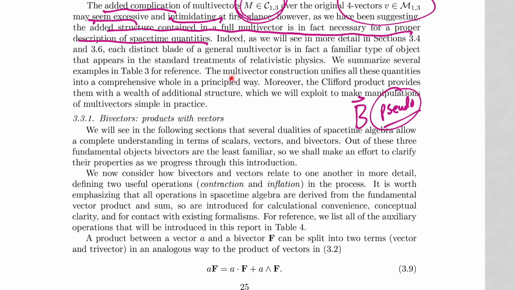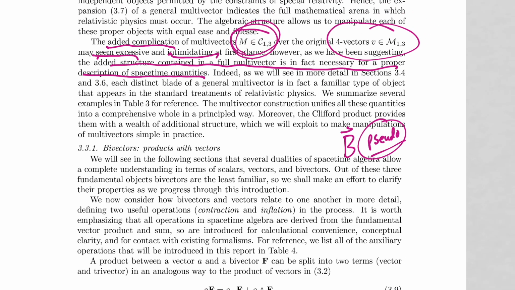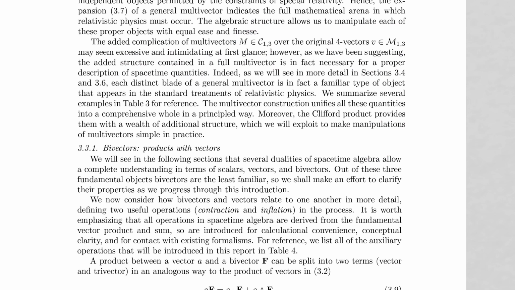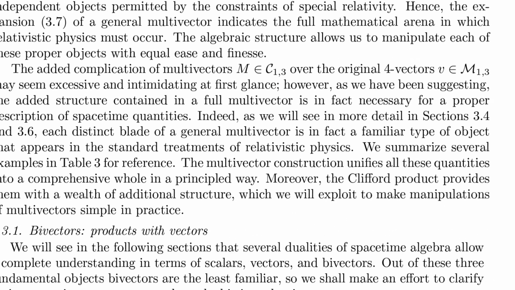Well, the notion of a principled way is a little bit vague, but basically I believe what they're after here is, look, we built C13 in a purely mathematical way from the ground up, using nothing more than the logic of abstract algebra, really.